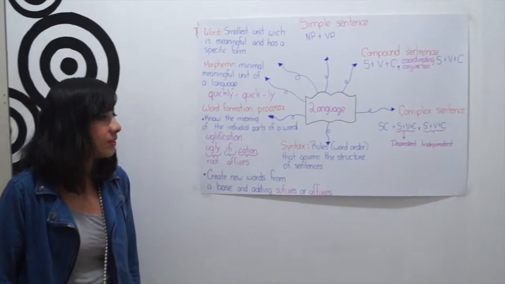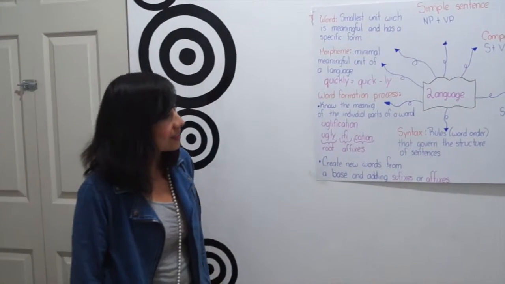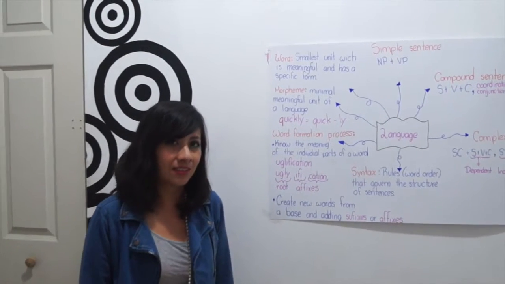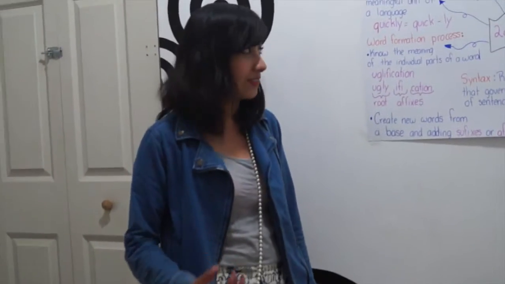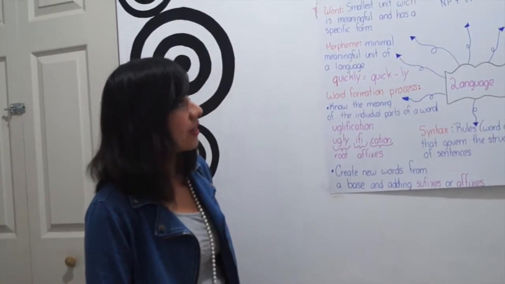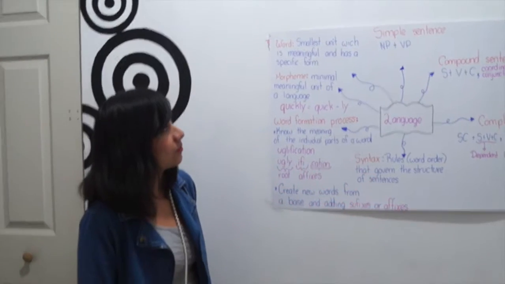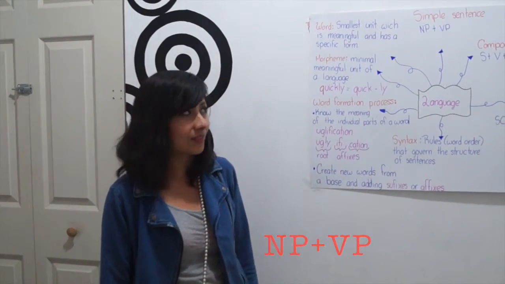But first of all, I'm going to mention syntax. Syntax governs the structure of the sentences. Basically, it talks about the word order in a sentence. We have simple sentence that is formed by a noun phrase plus a verb phrase.